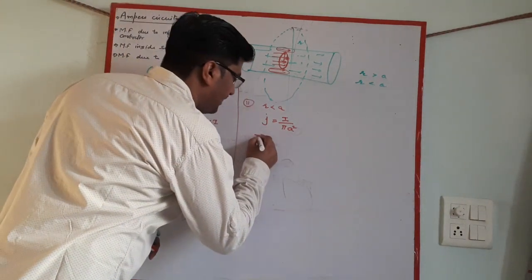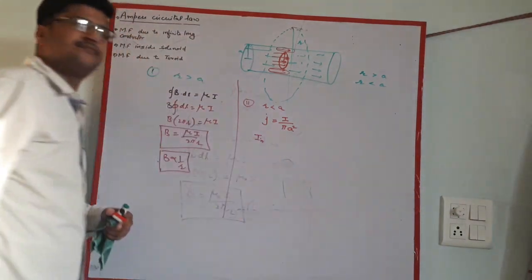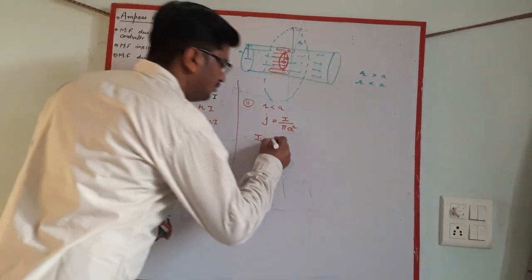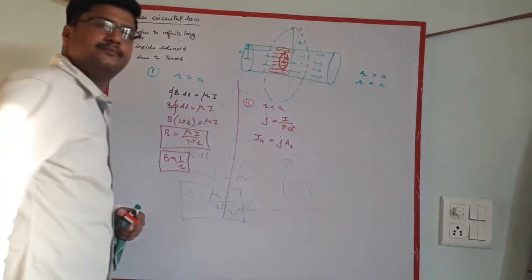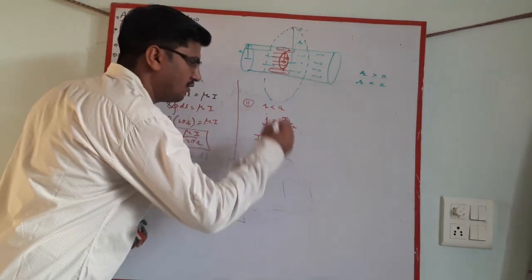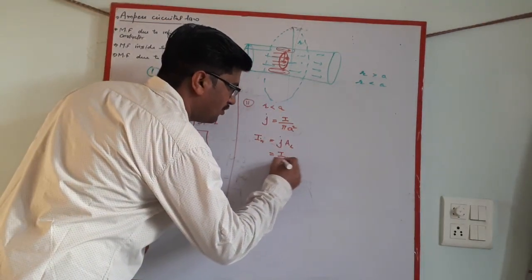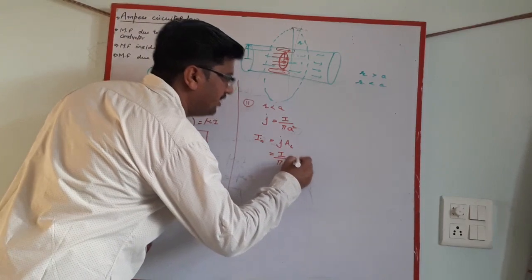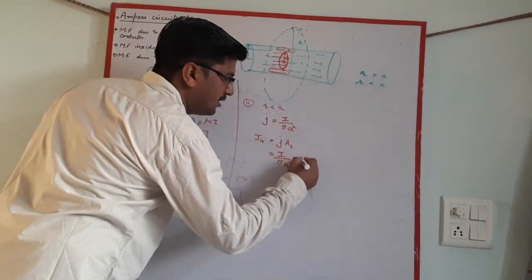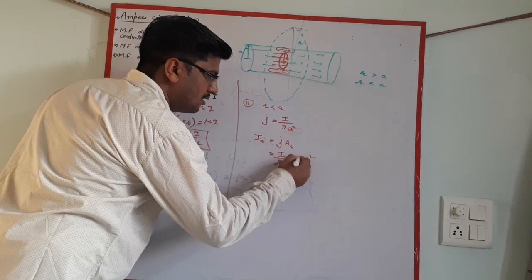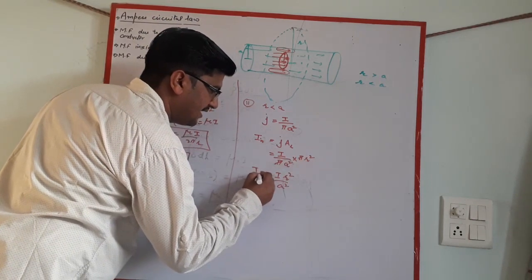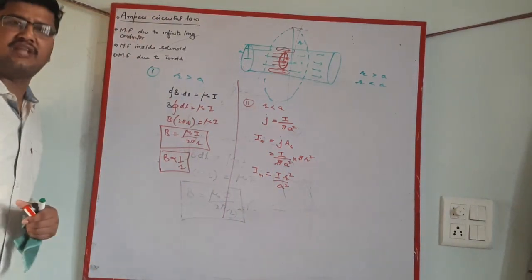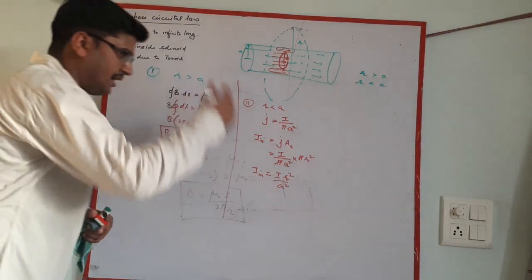Now the current inside, I enclosed, is equal to J into the area of the loop. J means I upon pi a square, into the area of the loop, pi r square. That is I r square upon a square. That is the current crossing the loop. Now apply Ampere's circuital law.